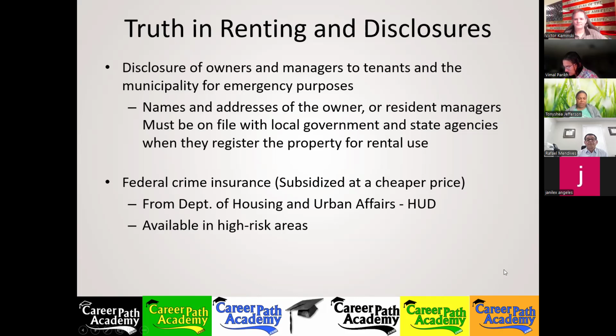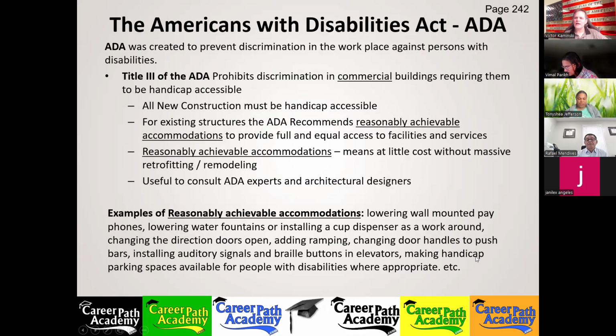So the Americans with Disabilities Act, we learned about this in Chapter 4, when we were talking about the chapter on discrimination. What does the ADA say? The ADA was a law that made it so that employers cannot discriminate against disabled people in the workplace.